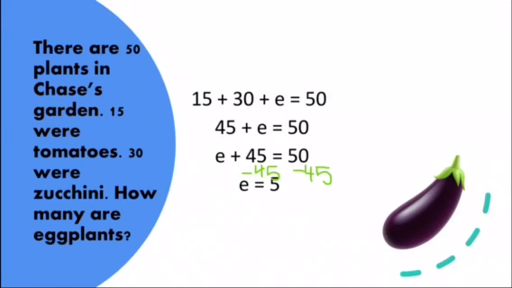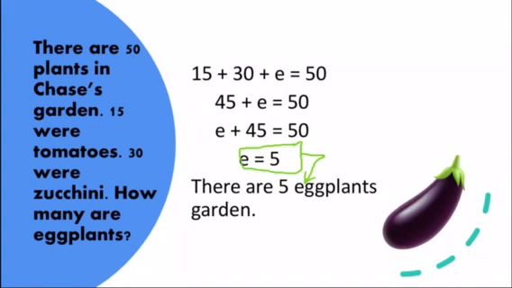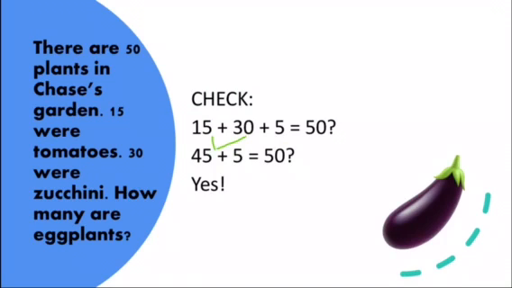We subtract 45 from both sides of the equation. This means our equation is now e equals 5. This tells us that there are 5 eggplants in Chase's garden. To check our answer, all we need to do is add 30 plus 15 and plus 5. This does in fact equal 50.